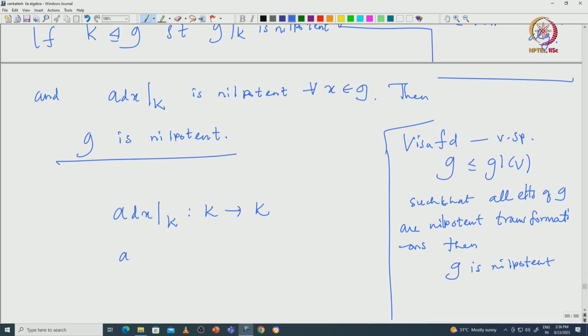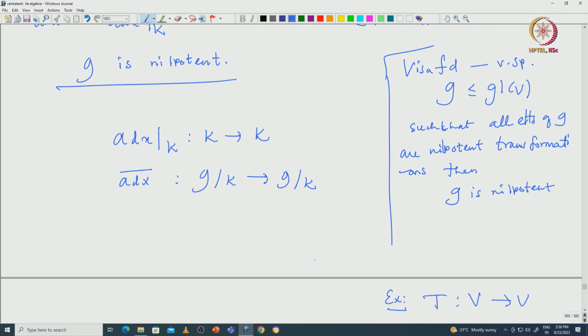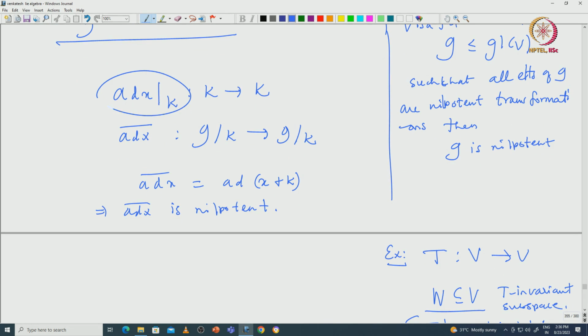Now, if you look at ad x bar, which is a map from G mod K to G mod K, since G mod K is nilpotent, this ad x bar will coincide with ad of x bar, or x plus K. So, that implies that this ad x bar is also nilpotent because G modulo K is nilpotent. Now this map and this map both are nilpotent, so that implies ad x defined from G to G is nilpotent.